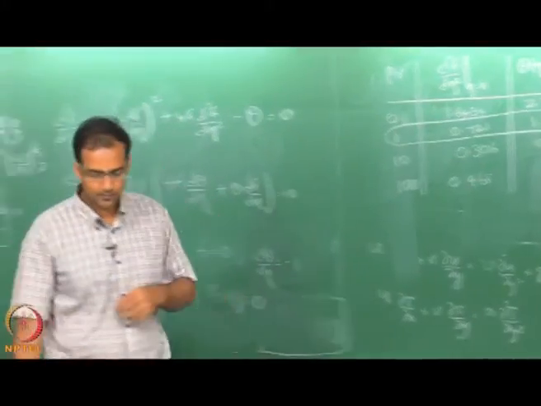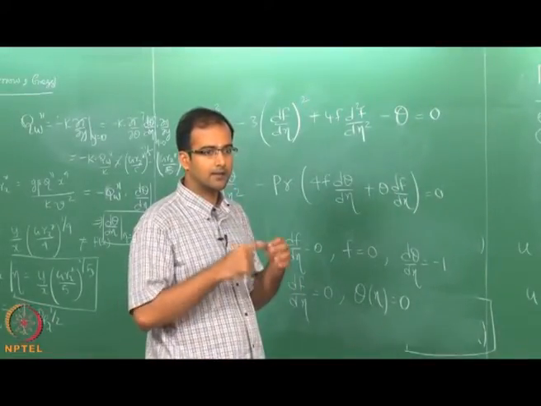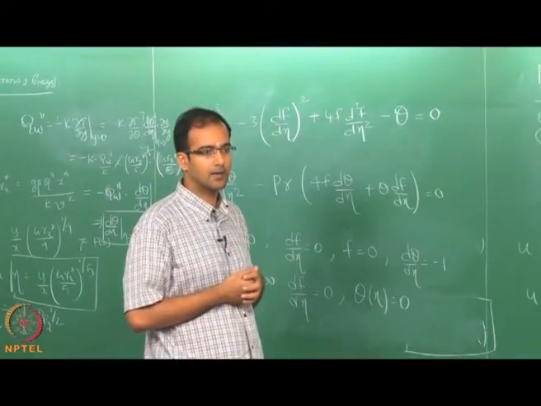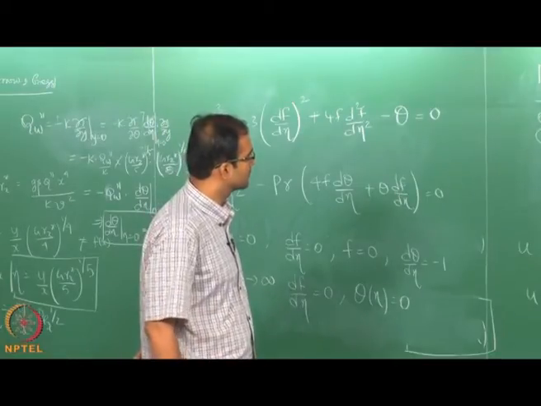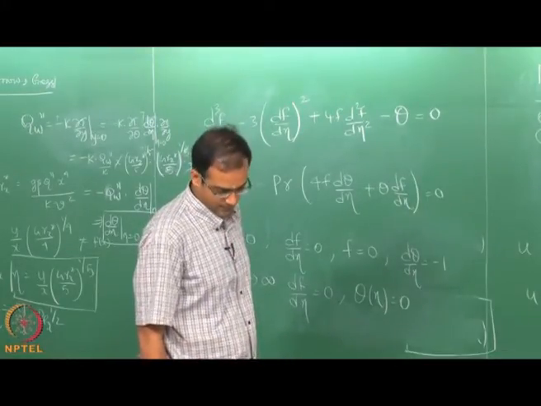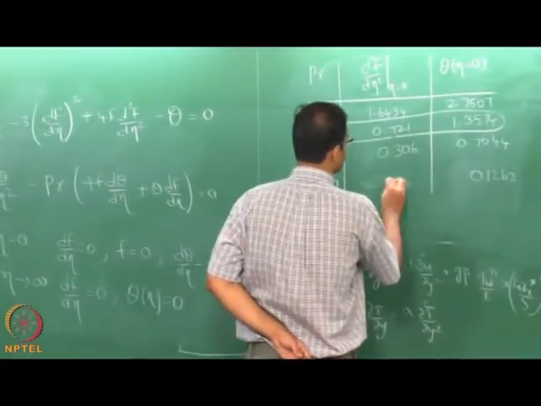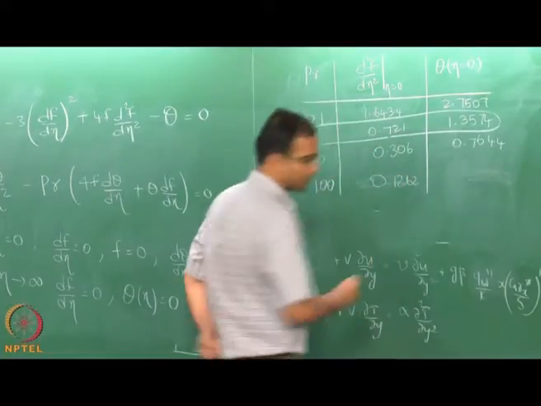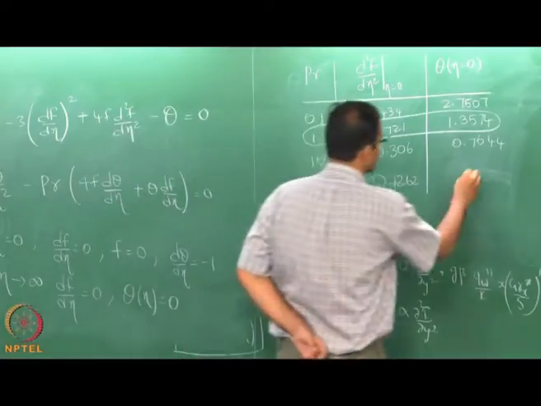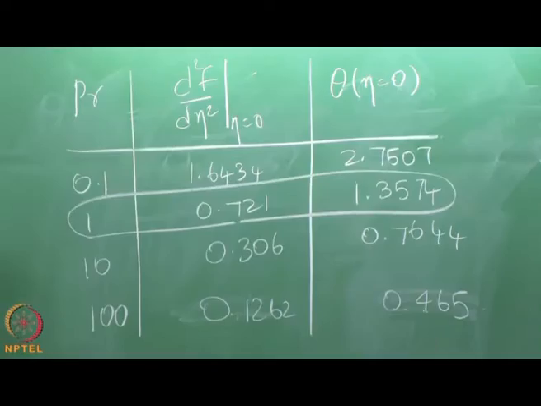Since the flow and the temperature fields are strongly coupled, you can see that the velocity gradient is also a function of the boundary condition. That last value is correct. It should be, yeah, I have reversed it, 0.1262, you are right, it cannot increase suddenly, and this should be 0.465, that is correct. It should gradually decrease with increasing Prandtl number.